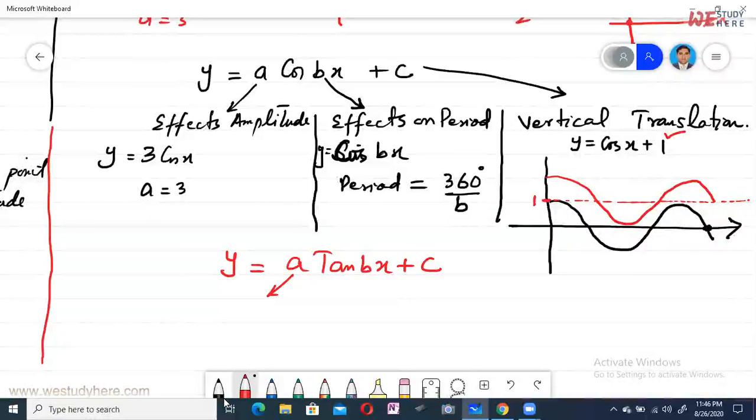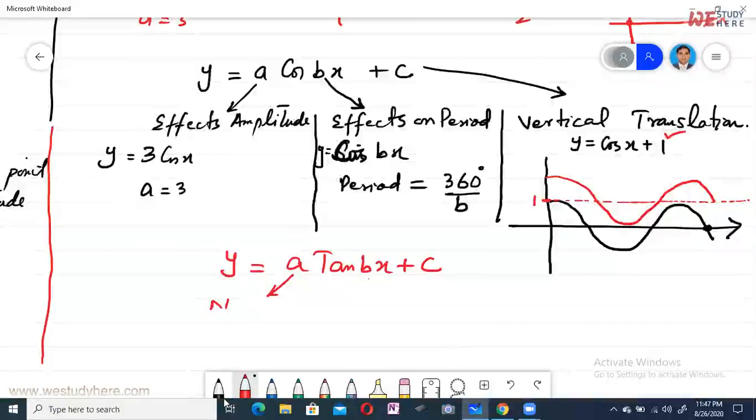If no wave is there, then amplitude will not be there. Amplitude is for the wave. Okay, there is no amplitude for the tangent. The curve is not a wave in the graph of y is equal to tan x.